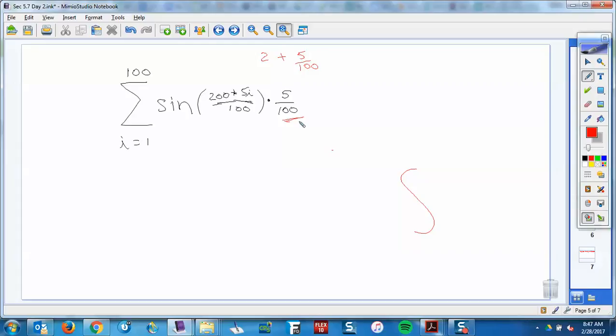The first rectangle is at 2 plus 5 hundredths, and that's what right rectangles should do. Right rectangles should be 1 width over from the left edge. So the left edge must be 2, not 2 and 5 hundredths, right? When you plug a 1 in, you get 2 and 5 hundredths.